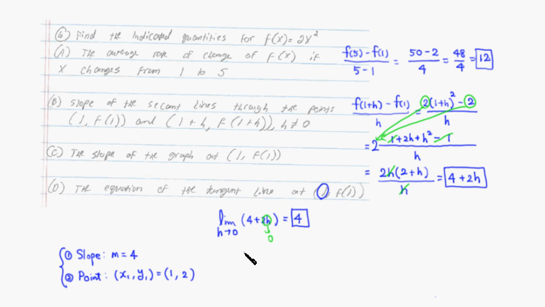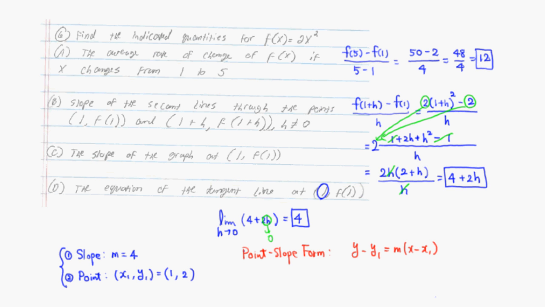Then, if you remember, the point-slope form is y minus y1 equals m times x minus x1.